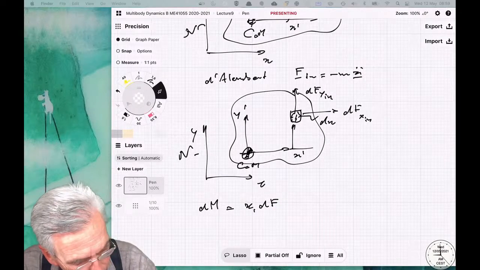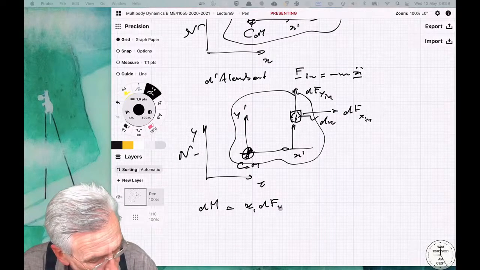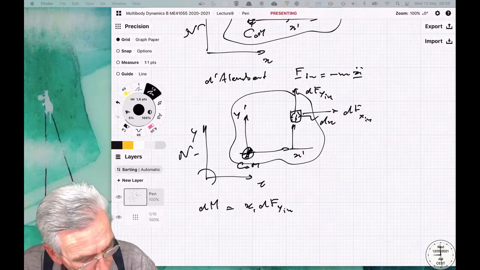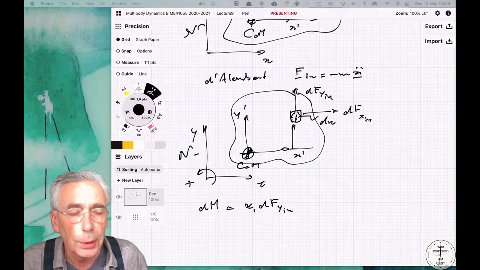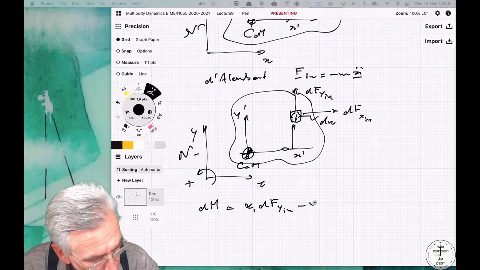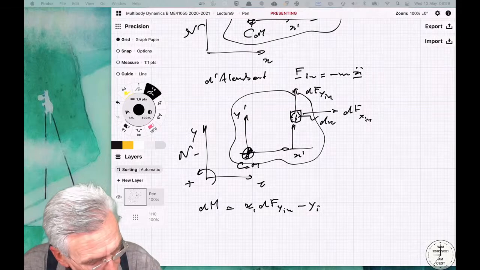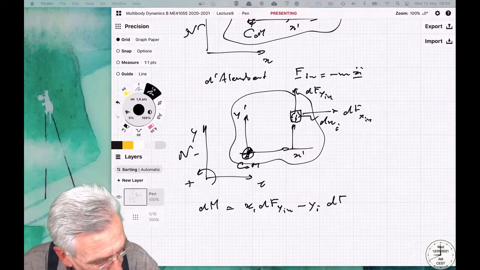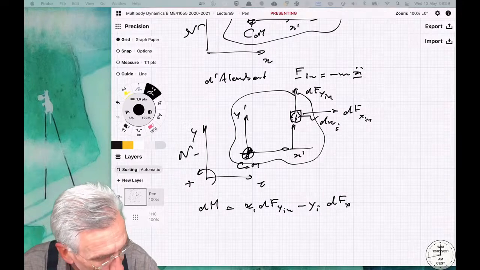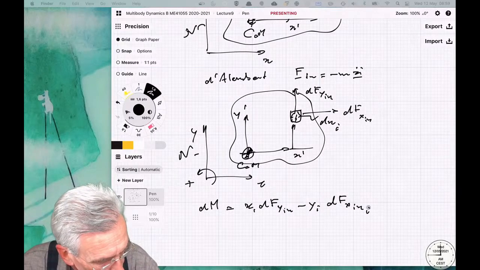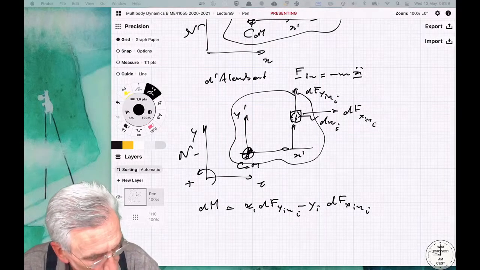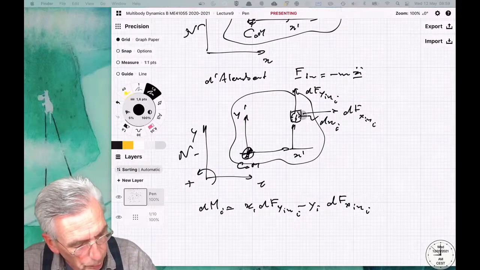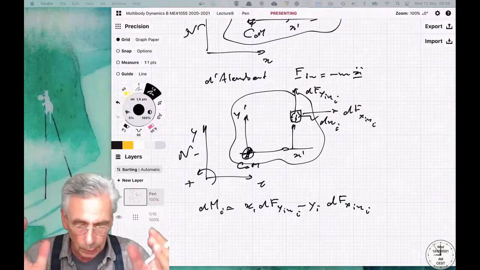So F_y inertia, and then the other one gives a negative torque, because for now we define this as positive for our rotations. So we get minus y_i for particle i times the dF_x inertia of particle i. Okay, and that is for this small particle i, and then of course we just take the whole sum.